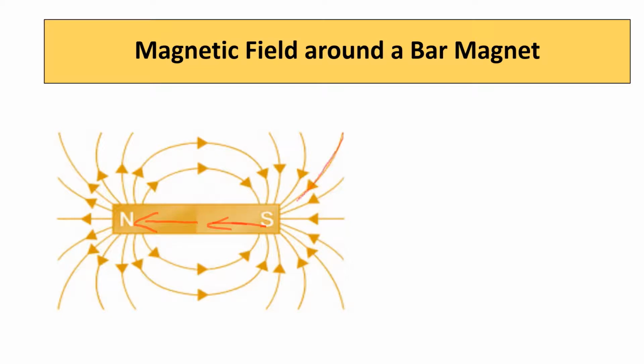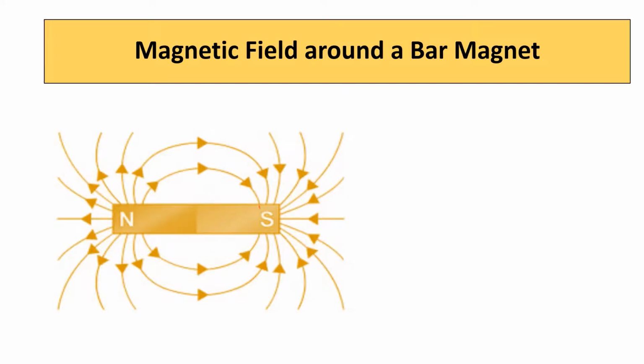Here, this diagram shows that it is coming from the south pole and it is going to the north pole. This is for the inside of the magnet, whereas for outside the magnet it is from north to south.